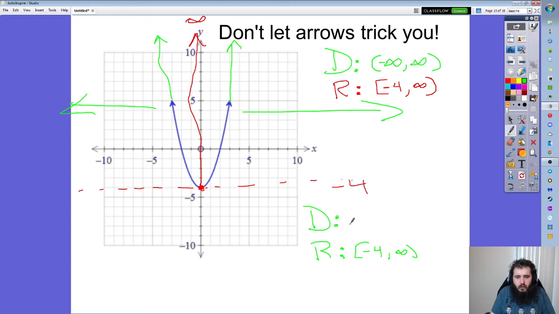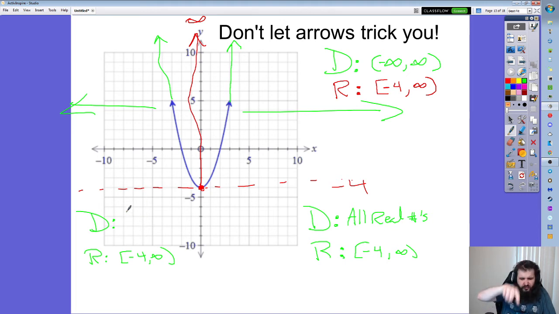But you could write all real numbers, or you could also write this as, and again, the range didn't change, a special extra fancy R. It's like an R, but the vertical stick part of the R is bold, kind of like this. That's a fancy symbol that means all real numbers.